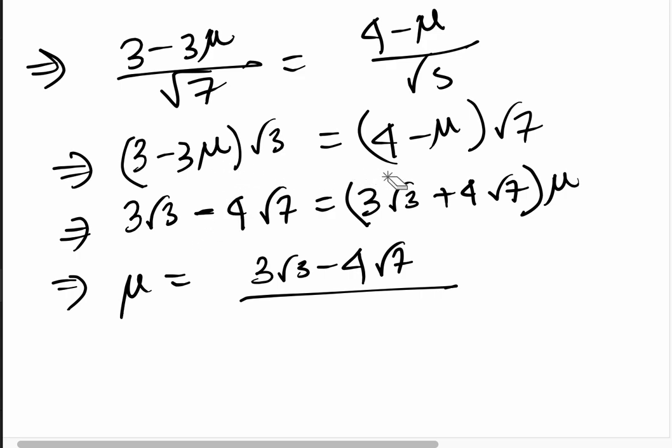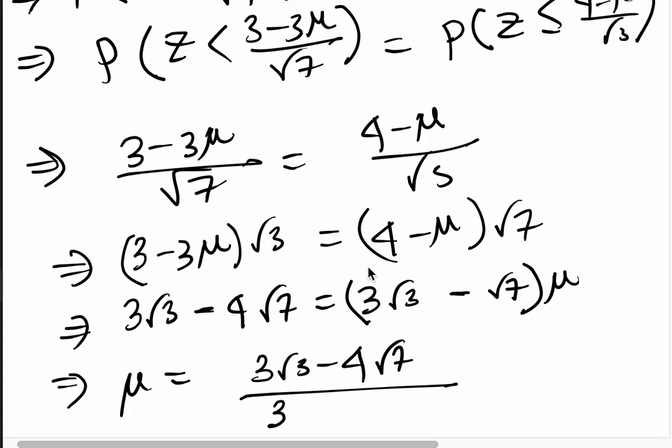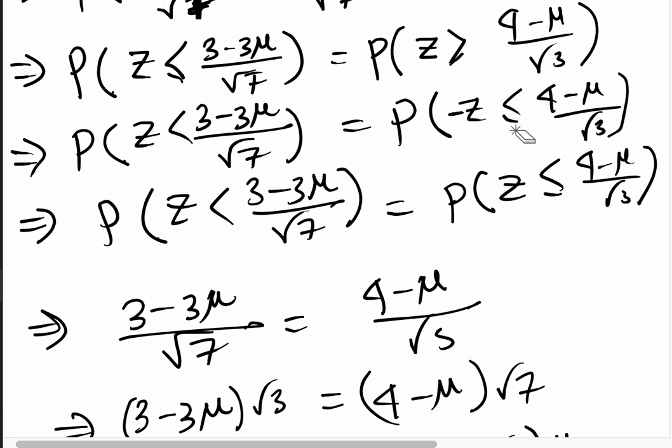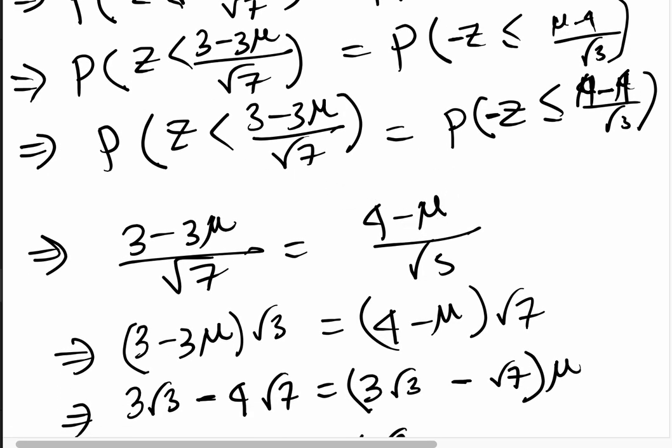Here it's 3. Okay, this is not right. This is mu minus 4, so minus Z less than (mu minus 4) by root 3.